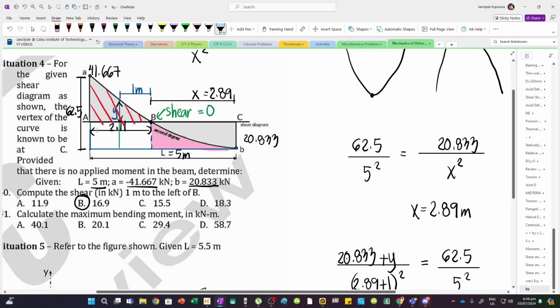And also this area. We're going to subtract this from the area of this total spandrel.